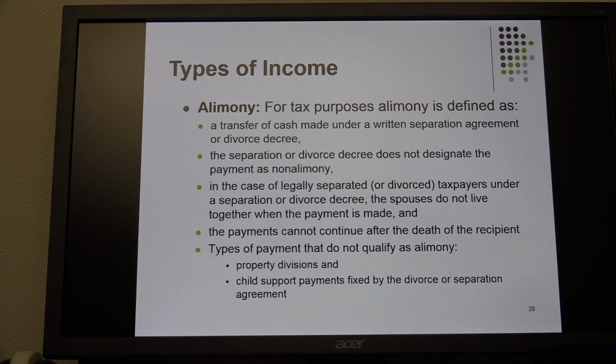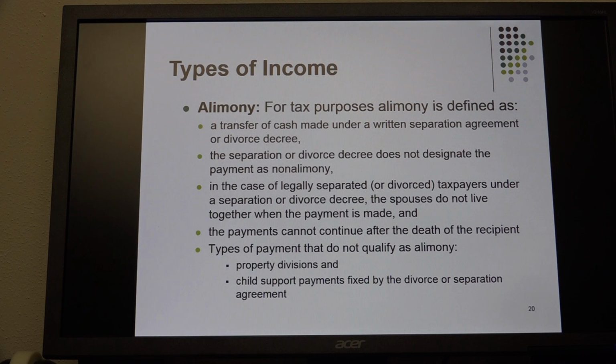This is an interesting one. If you look back at Form 1040, if you recall, one of the items included in income, and again, I'm back to Chapter 4, page 25 and 26.